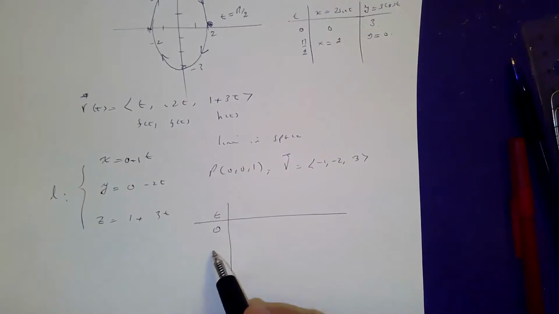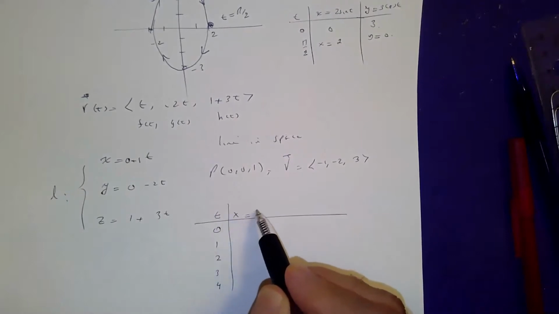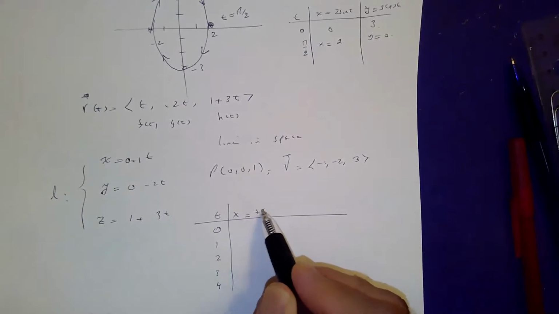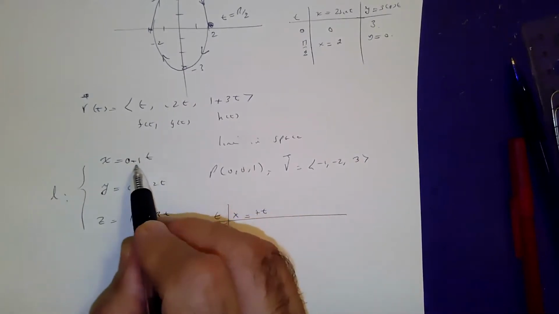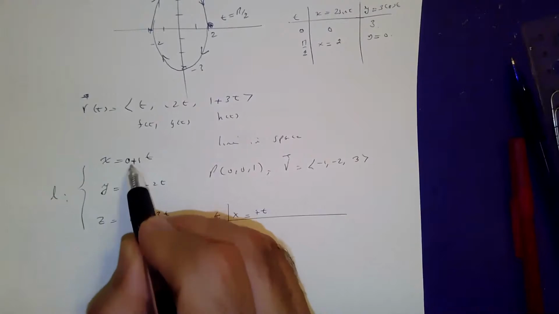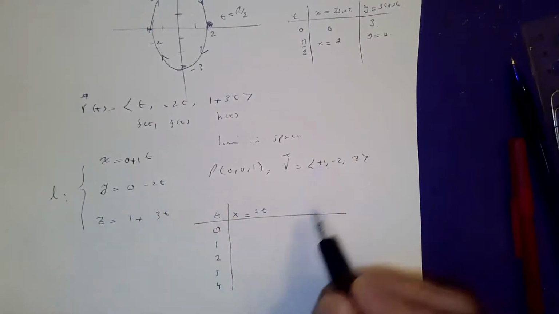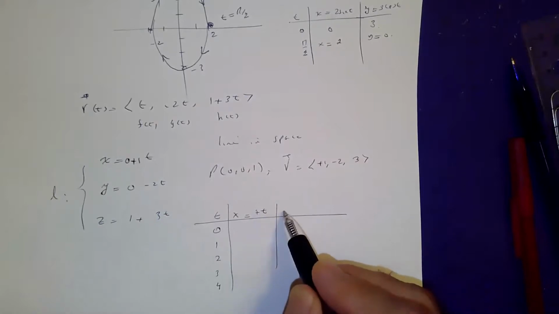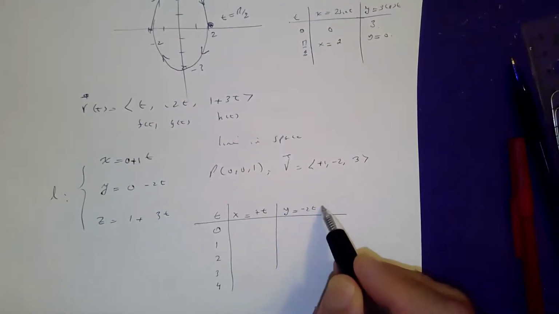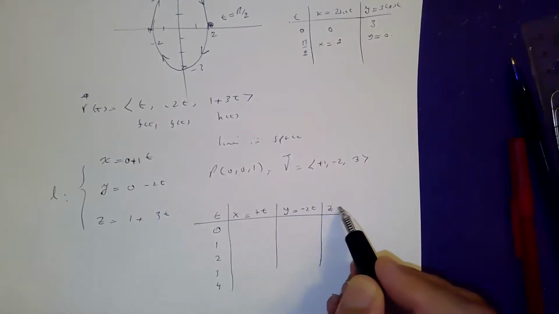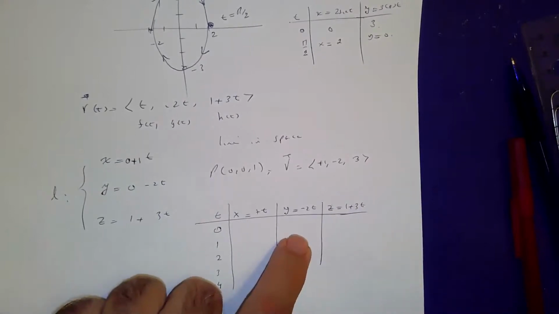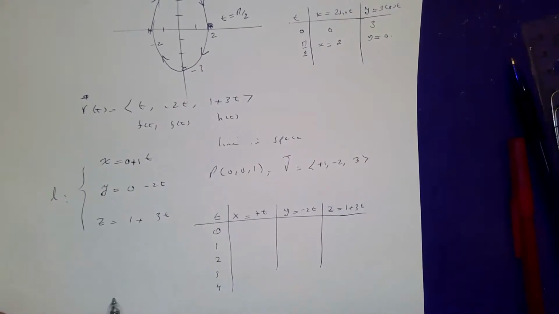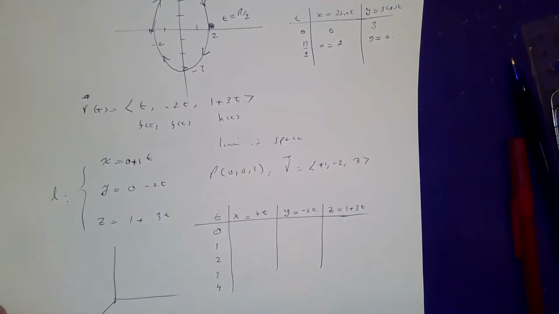Start with t equal to 0, 1, 2, 3, 4, and then find x, which is t, find y, which is negative 2t, then find z, which is 1 plus 3t. Plot these points on your three-dimensional coordinate system.